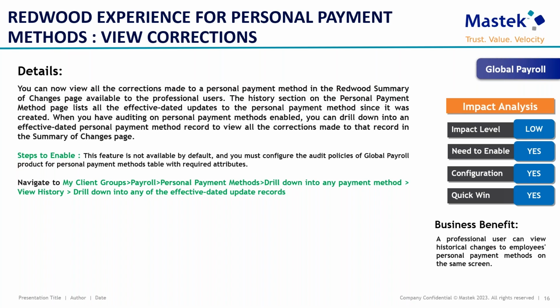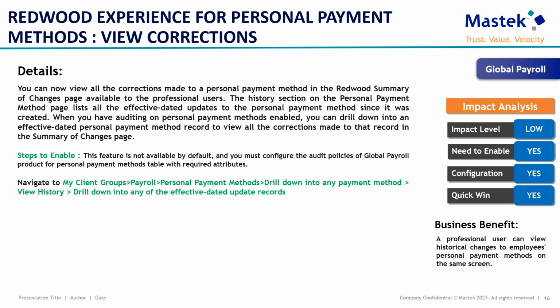So now with this Redwood experience for personal payment methods, we can enable all of those effective-date-related historic changes. That will tell us when exactly that change happened, and we can drill down to the utmost level to make sure that the right level of audit policies are there. For that, we have to enable the audit for that particular global payroll area, and personal payment methods should be enabled in terms of the attribute.